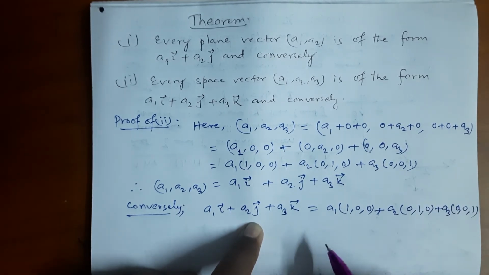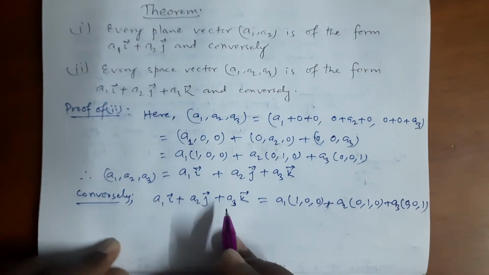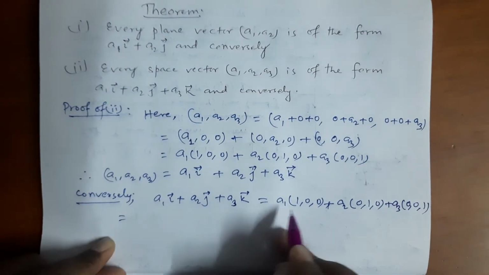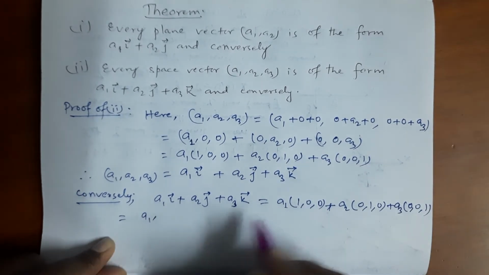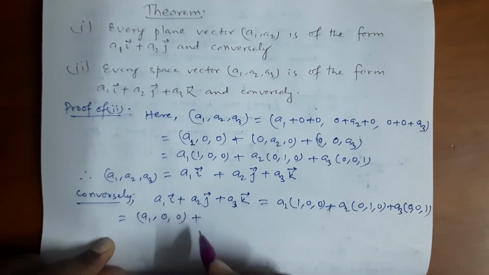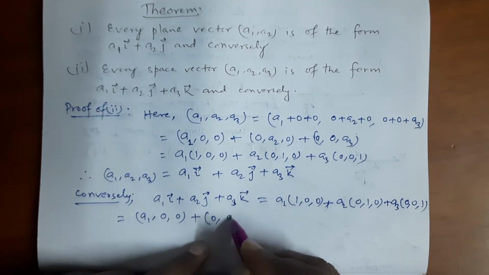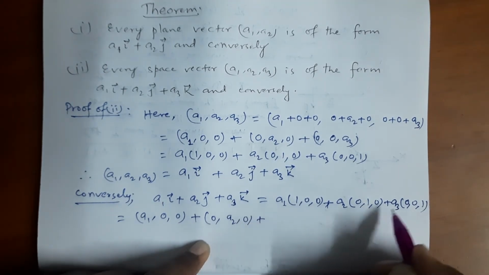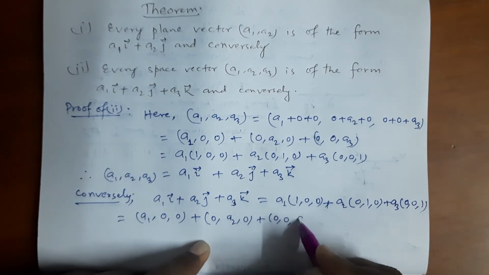Okay, and now we'll multiply inside here: a1 times 1 is a1, a1 times 0 is 0, a1 times 0 is 0, plus a2 times 0 is 0, a2 times 1 is a2, a2 times 0 is 0, plus a3 times 0 is 0, a3 times 0 is 0, a3 times 1 is a3.